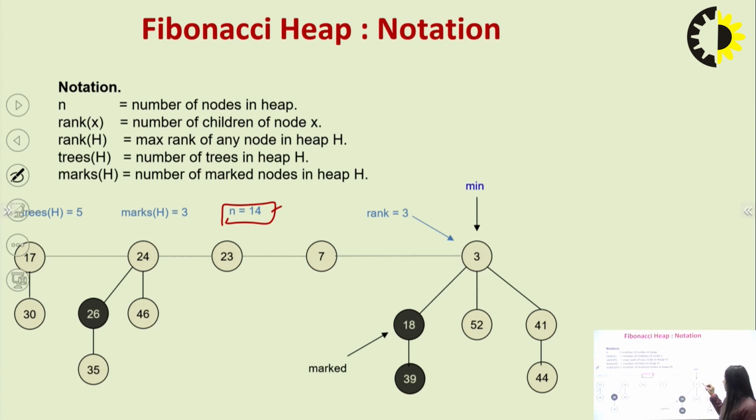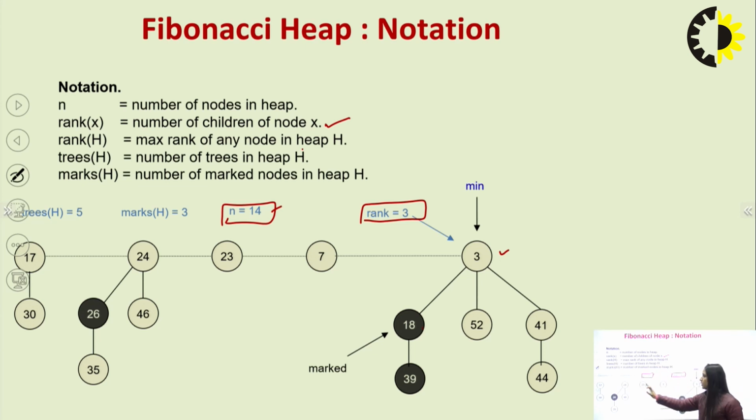See, if I am talking about 3, 3 is a root node, and what is the rank of this node? 1, 2, 3. It has 3 children, right? So rank 3. Next, rank h, the maximum rank of any node in the heap. Is it about a particular node, or regarding the complete heap?